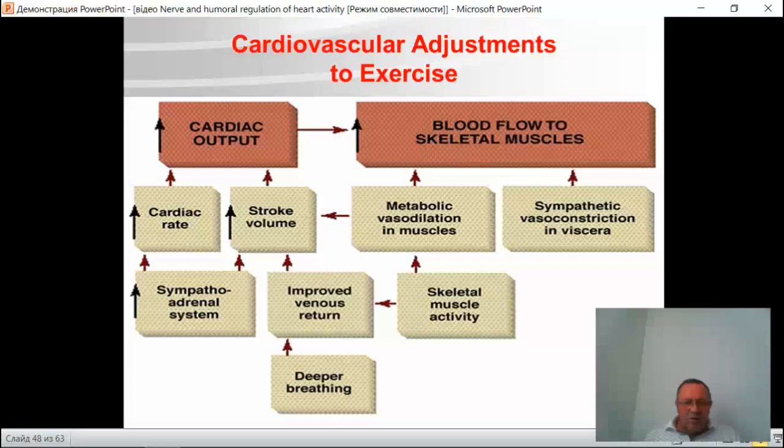Cardiac output gives the effect of increased blood flow through the skeletal muscles. This is the mechanism of regulation of blood flow with the help of the cardiovascular system and skeletal muscles.